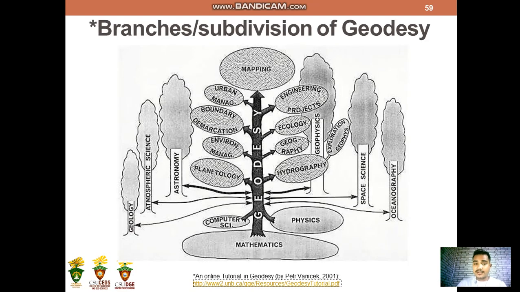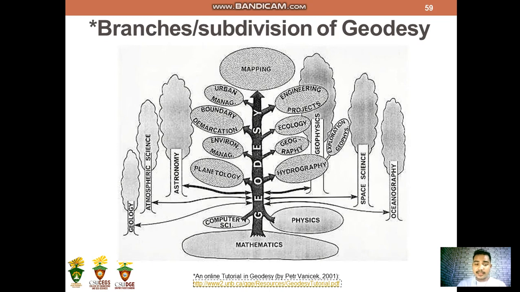So here is the illustration of geodesy and its relationship with other sciences. As you can see, computer science, physics, and mathematics, which are the fundamentals, are the root. And the output of these three sciences can be mapping, urban management, engineering projects, boundary demarcation, ecology, environmental management, geography, plantology, and hydrography.